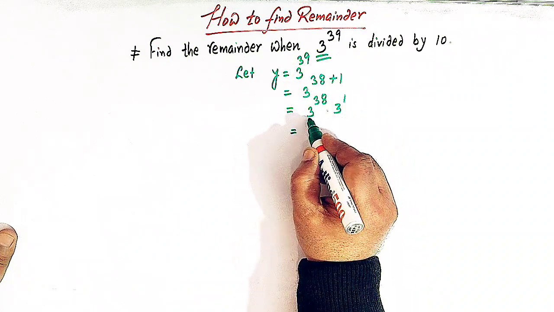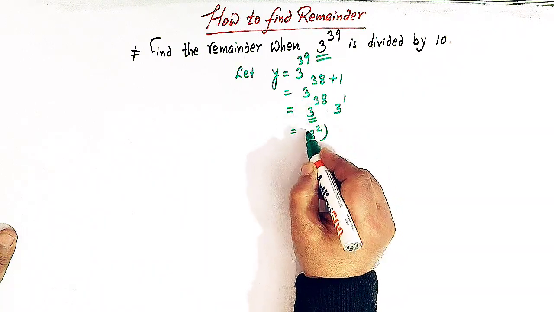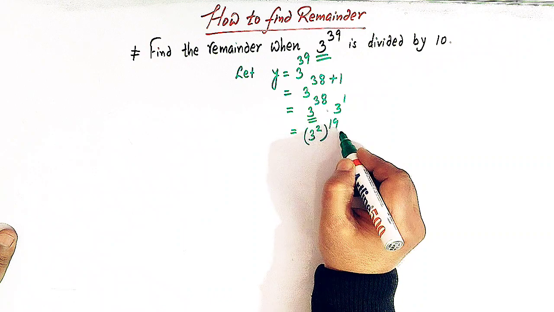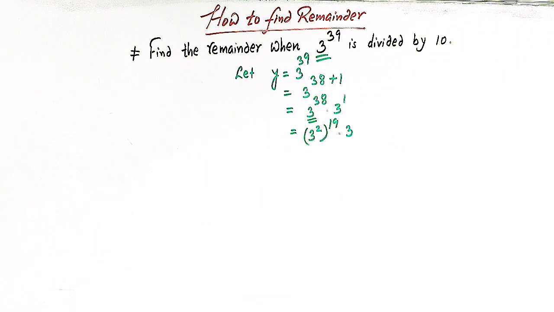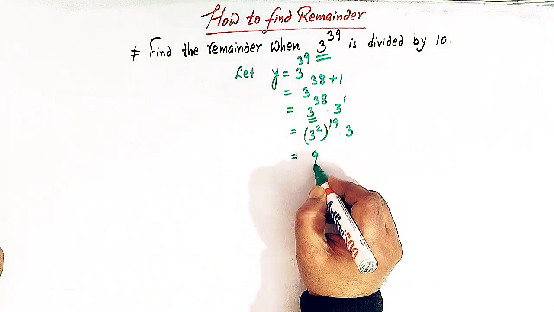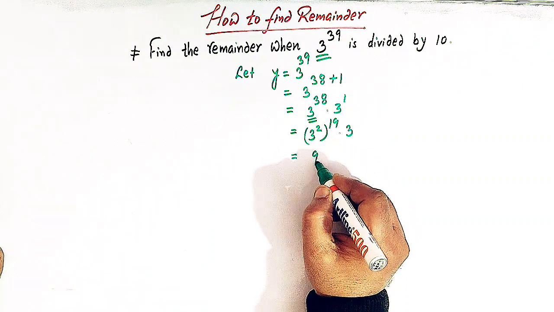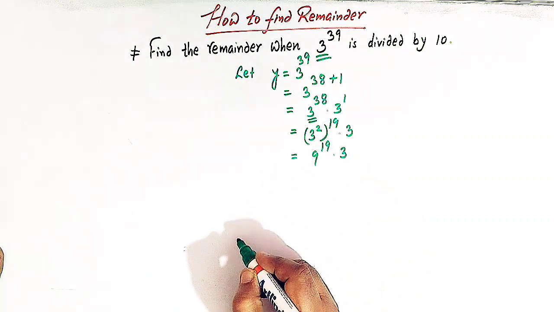So now let us write this number as 3 square raised to 19, and here we have 3. So now we can write 3 square as 9, and we have 9 raised to 19 times 3, right?